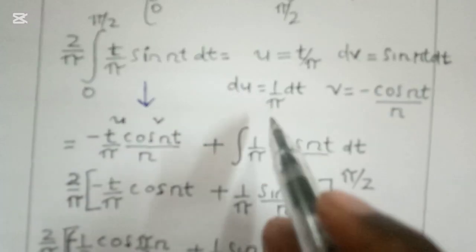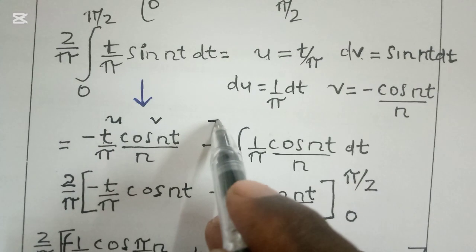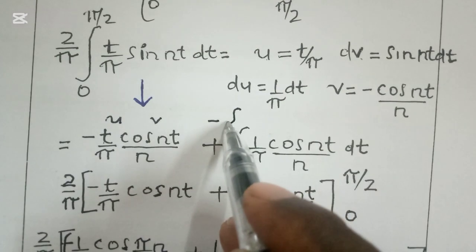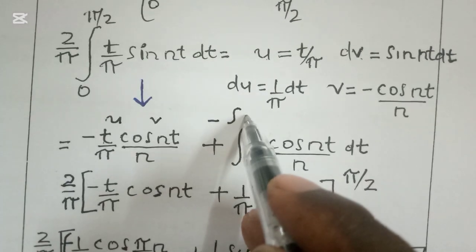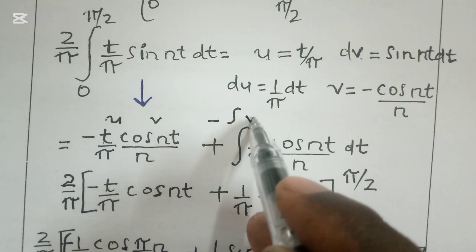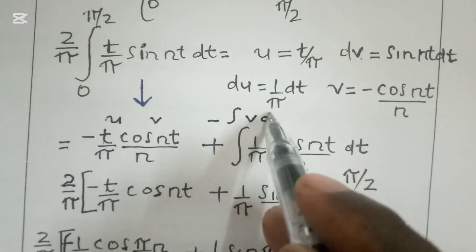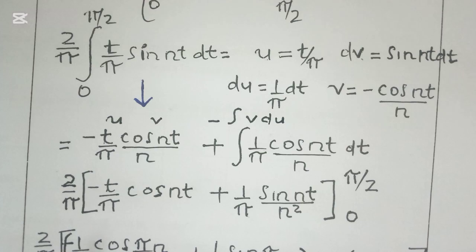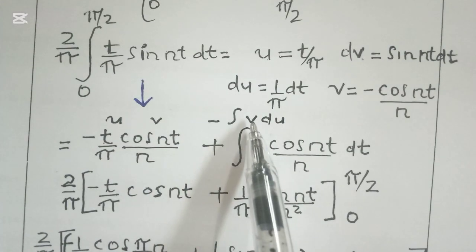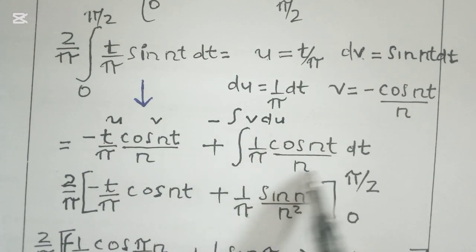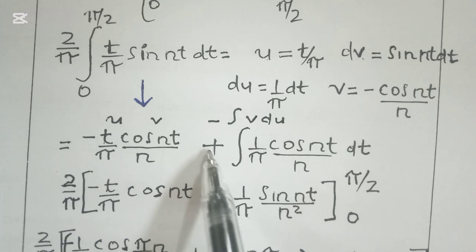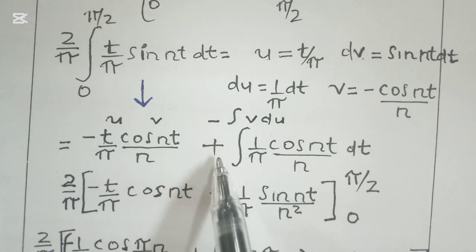Now minus the integral of v du, like that. So with that, my v is supposed to be negative. Because of this negative and the negative that was here, this one becomes a plus.